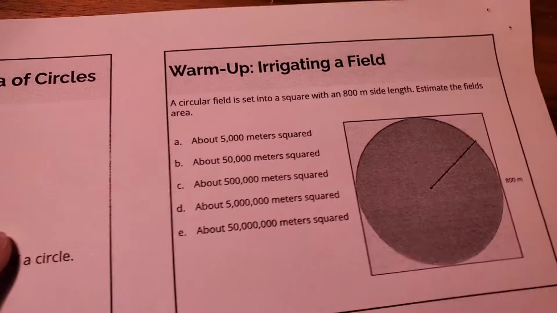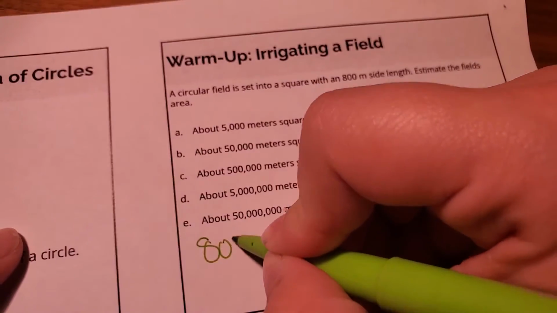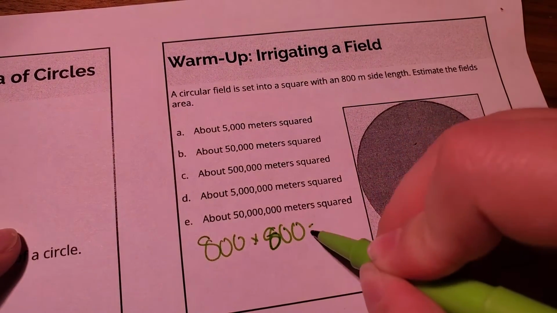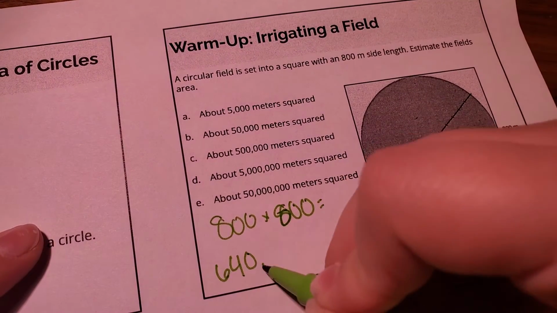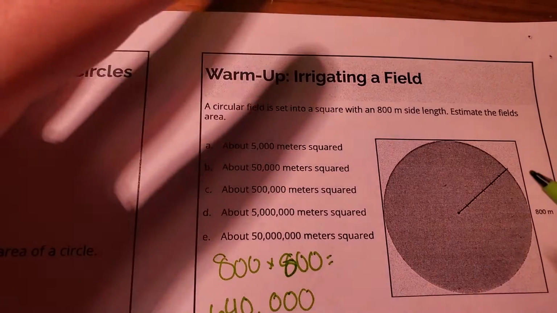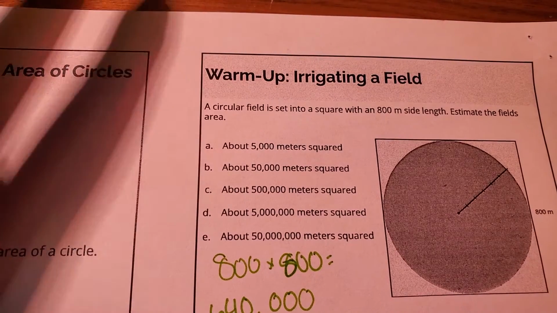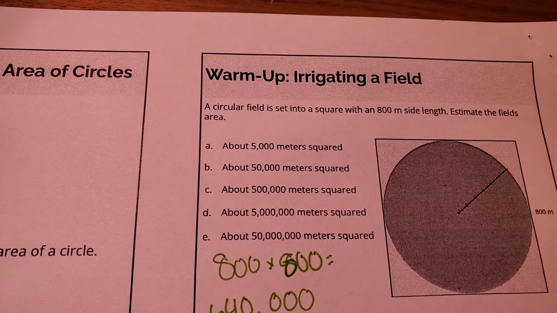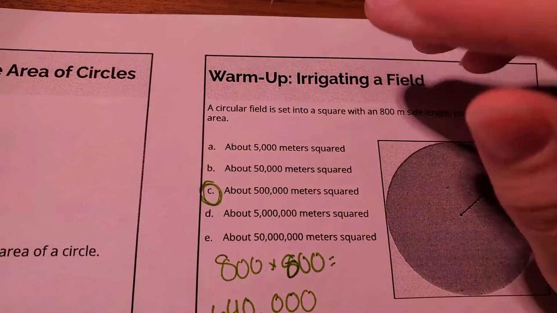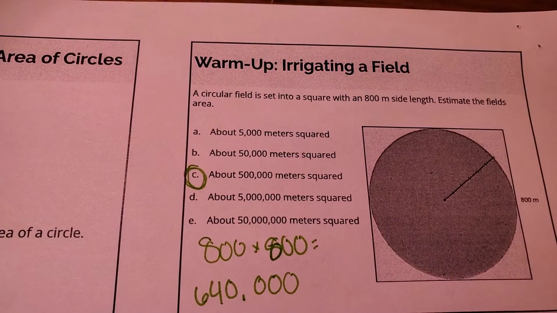So we are going to do 800 times 800, which is 640,000. So we know it is going to be less than that. We don't know exactly how much less, but we know it's going to be very close to it. So that is why we're going to estimate about 500,000 meters squared.